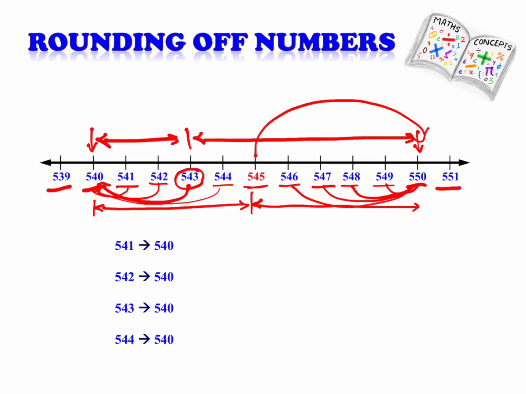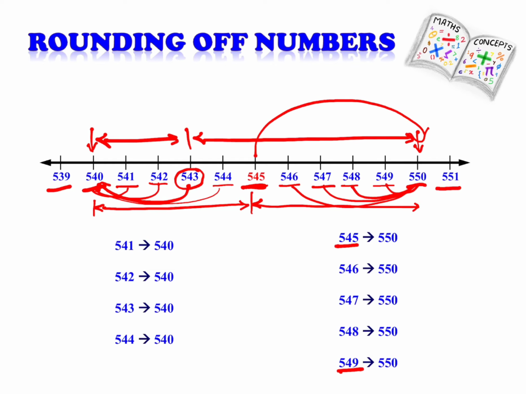This same principle applies to all other rounding off also, like rounding off to hundreds or rounding off to thousands. The middle number always gets rounded off to the next tens or hundreds or thousands. So we can say that numbers from 545 to 549 get rounded off to 550.